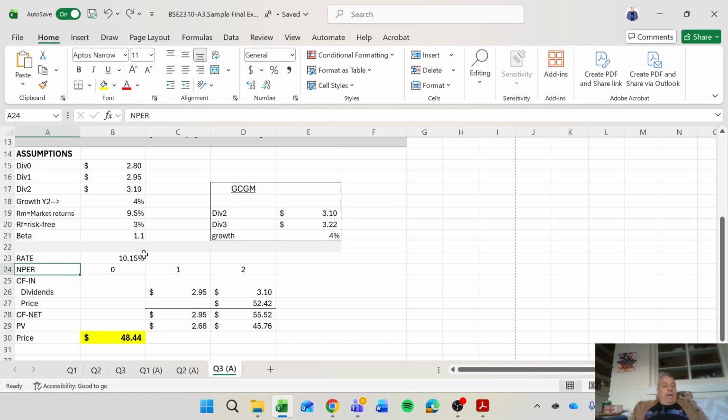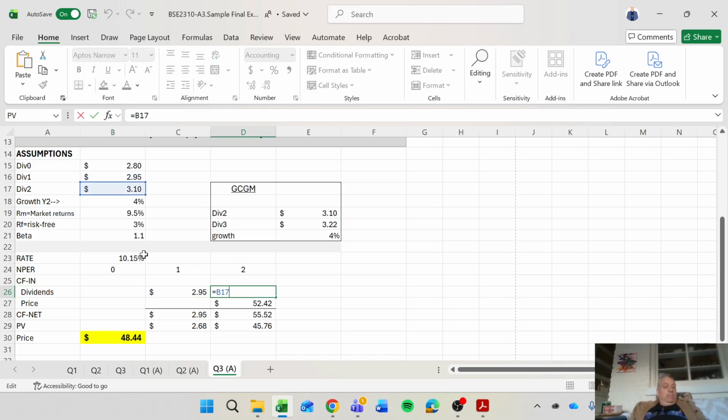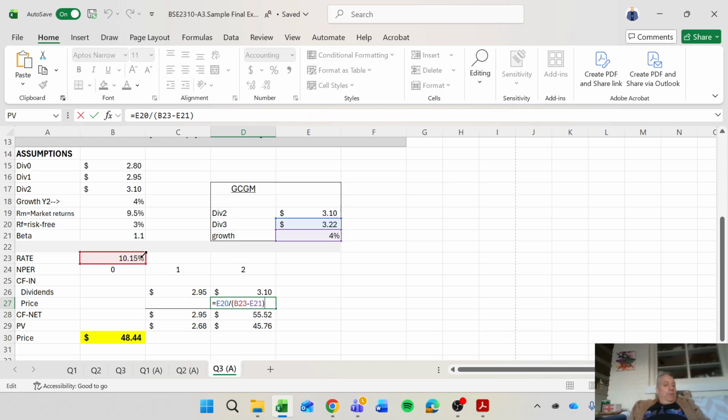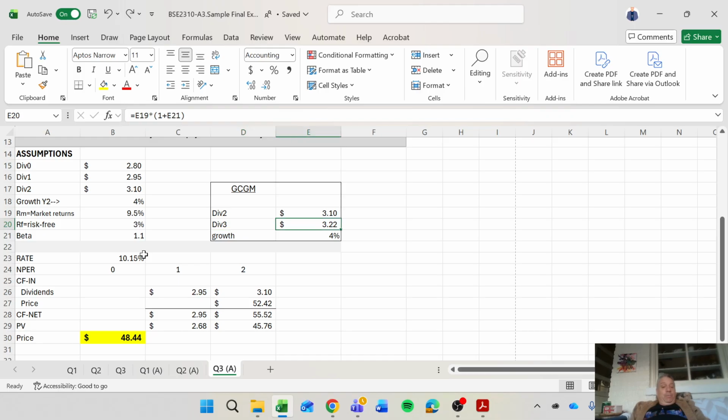Well, knowing then that we have to have 2 years worth of holding where we would get dividends of $2.95 from up above and $3.10 from up above, the key question then is what would we get as a future price? So the future price, we know we would use the Gordon constant growth model to calculate. To get that, the first thing that we need is to calculate what dividend 3 would be.